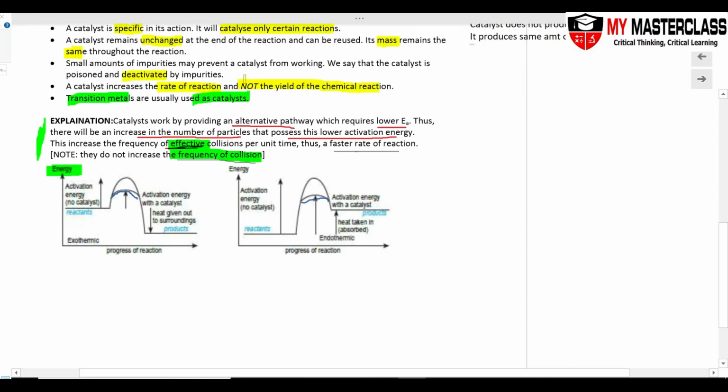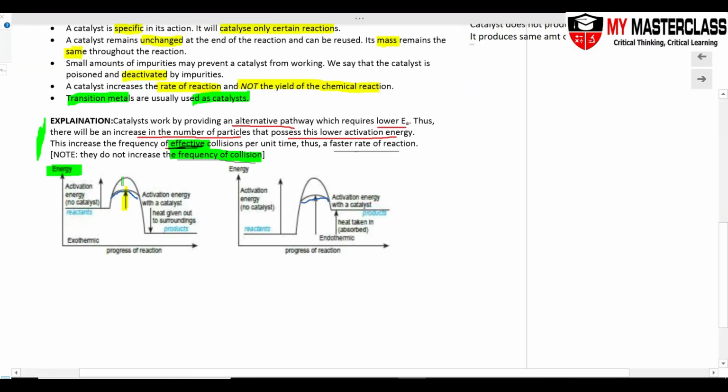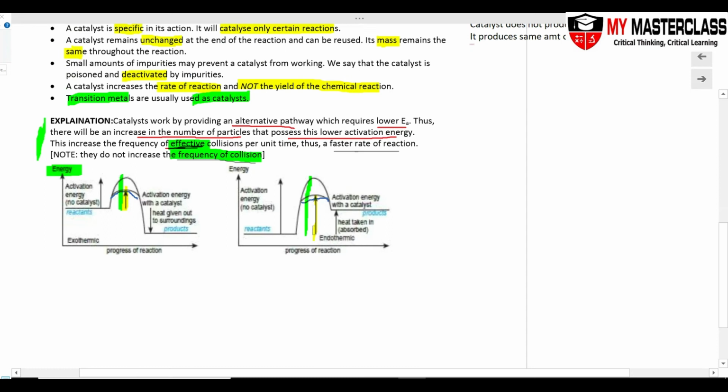It is always from the reactants to the top of the hump. So you can see the yellow part is the catalyzed part, and the green part, which has higher activation energy, is the uncatalyzed part. Same thing here: the green part is the uncatalyzed part, and the yellow part is the catalyzed part of the reaction.